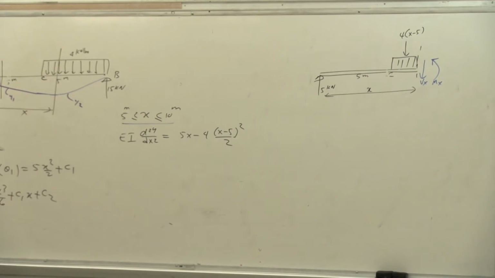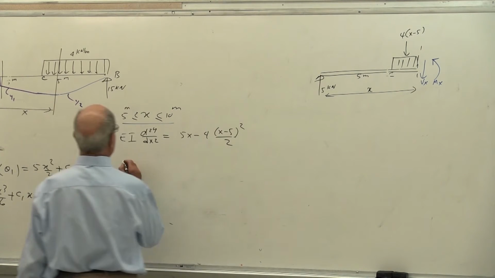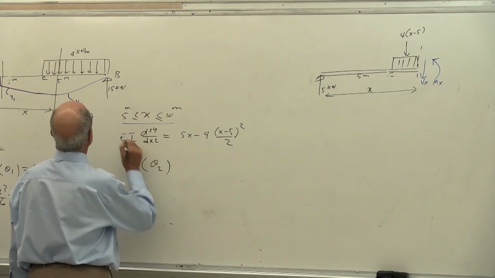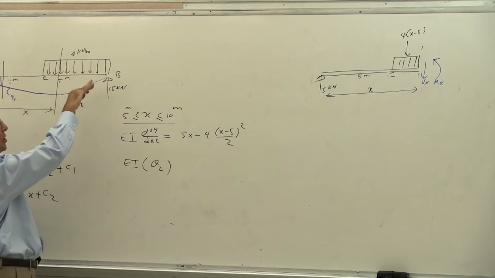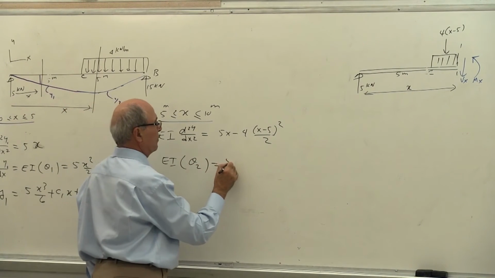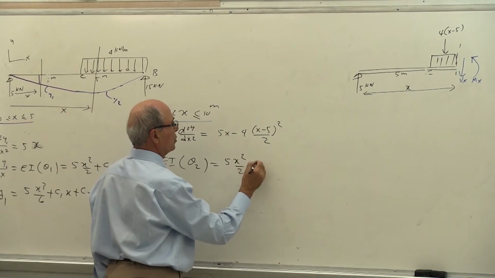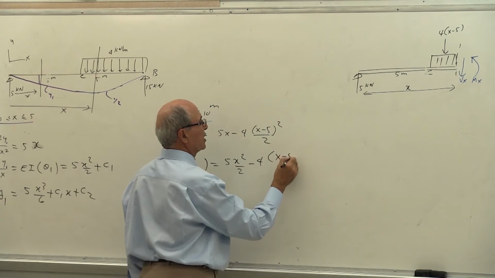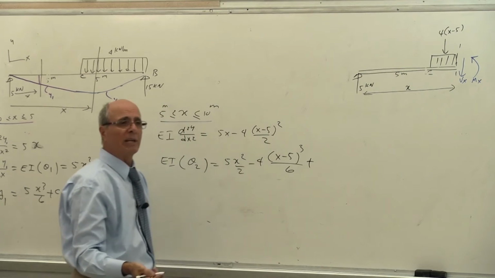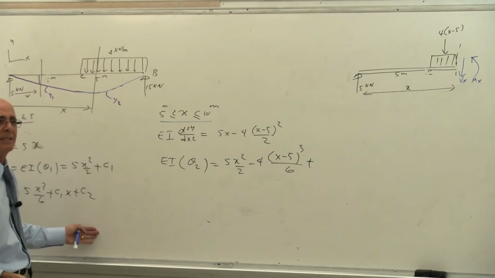So this is the moment for the second part. Then I go ahead and do the integration. Okay, so look what happened. If I do the integration, so EI, this time becomes theta 2, because theta 2 is the theta for this line, equal to 5x squared over 2 minus 4 times x minus 5 to the power of 3 over 6, plus, I cannot use C1 and C2 because I already used C1 and C2.